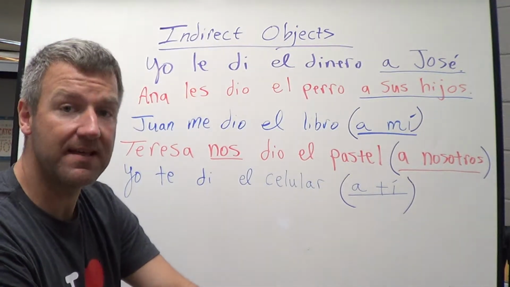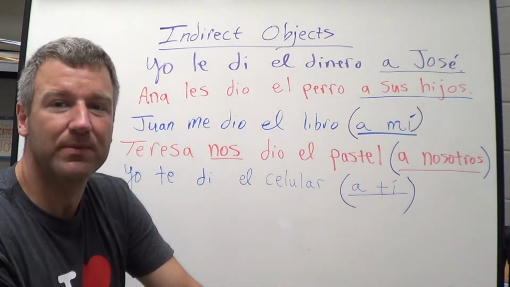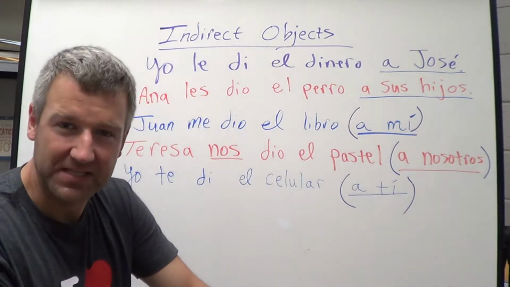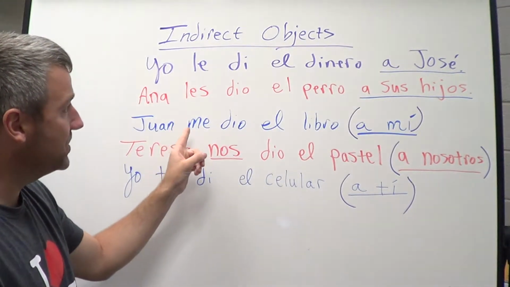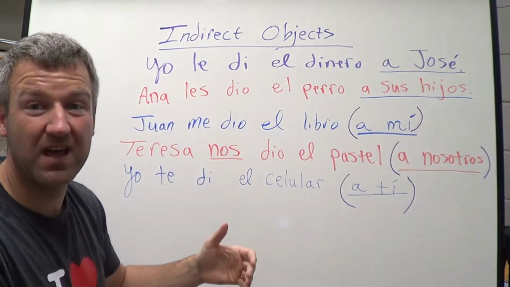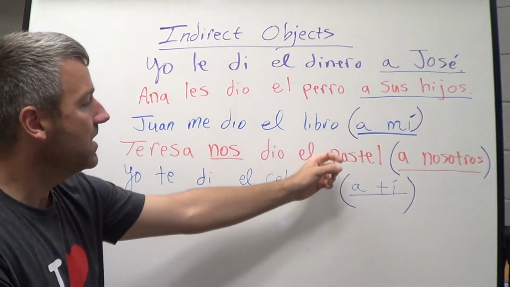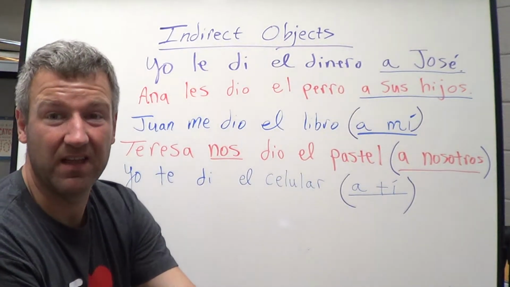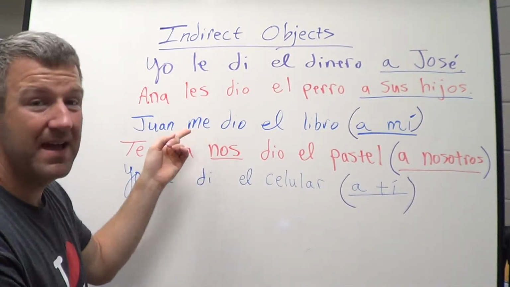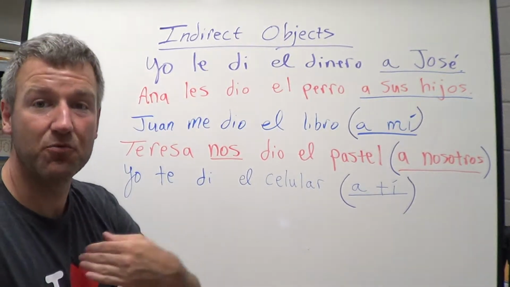And the reason I did that is, in Spanish, if you want to give just a little bit extra emphasis when you're saying something in Spanish, then when you're dealing with these indirect objects, especially the ones that are obvious about who they're referring to, such as me, the a mí at the end of the sentence, it doesn't clarify anything, because right here me already lets us know that someone is doing something to me.